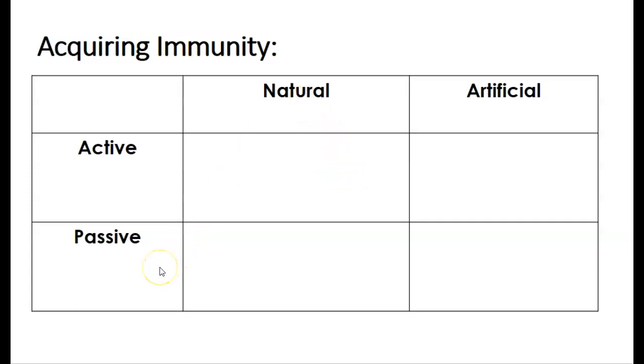Natural passive, oh, actually, I'll do it the other way. Active artificial, or artificial active. Active artificial immunity is where your body has done the work, you've gotten rid of the pathogen, but you've been exposed to that pathogen under artificial circumstances.